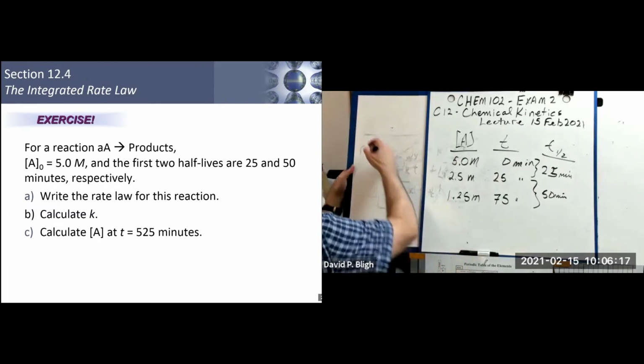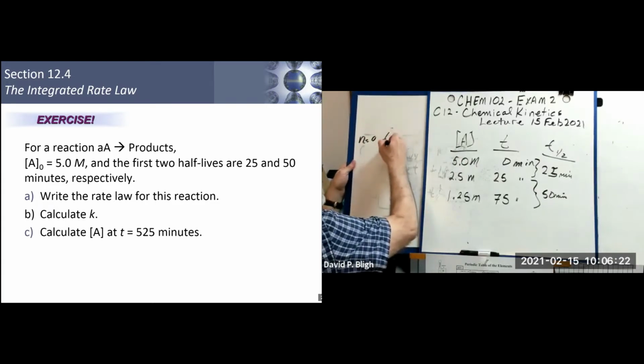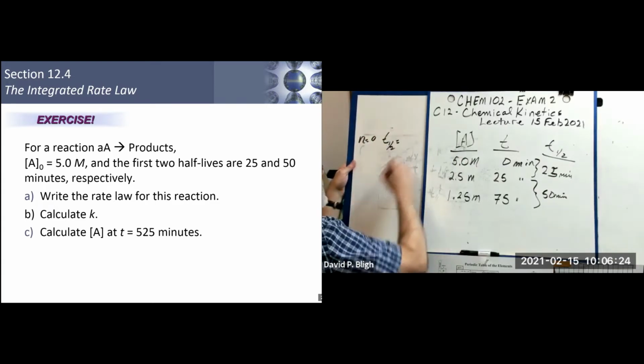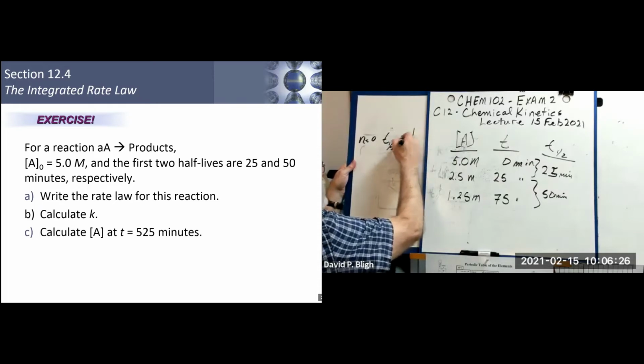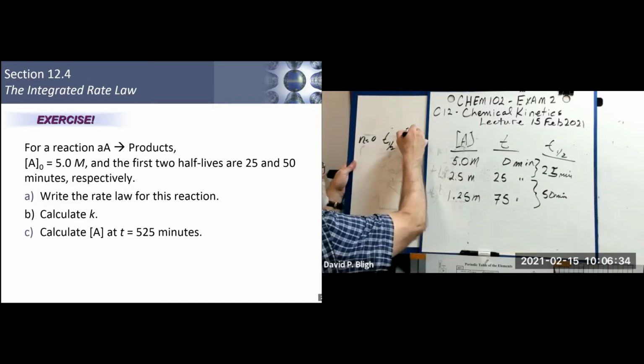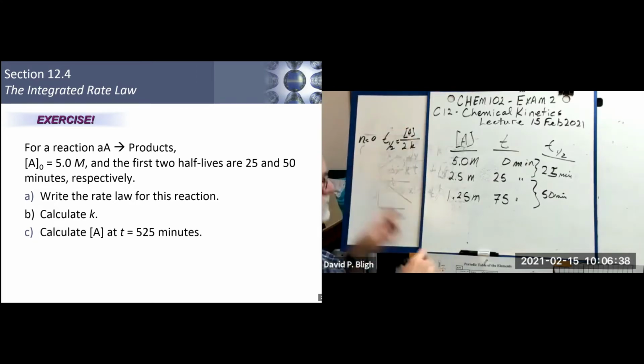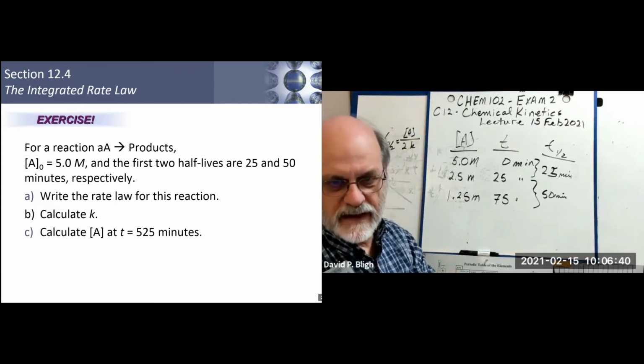So if n equals 0, what's the half-life? It's the concentration of A over 2k, right? I think I got that right.